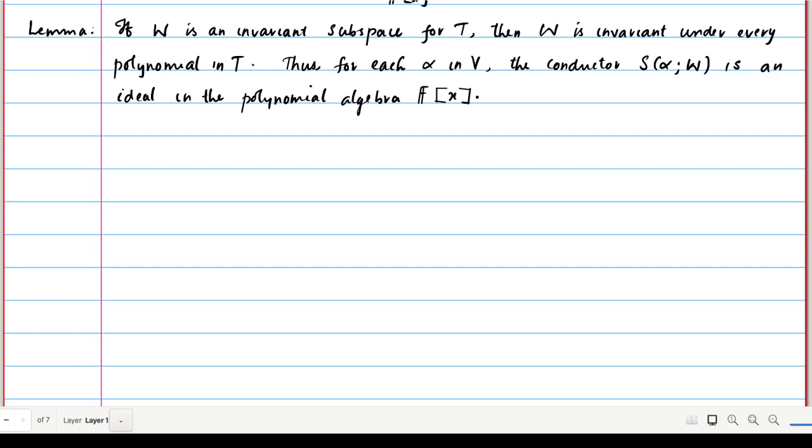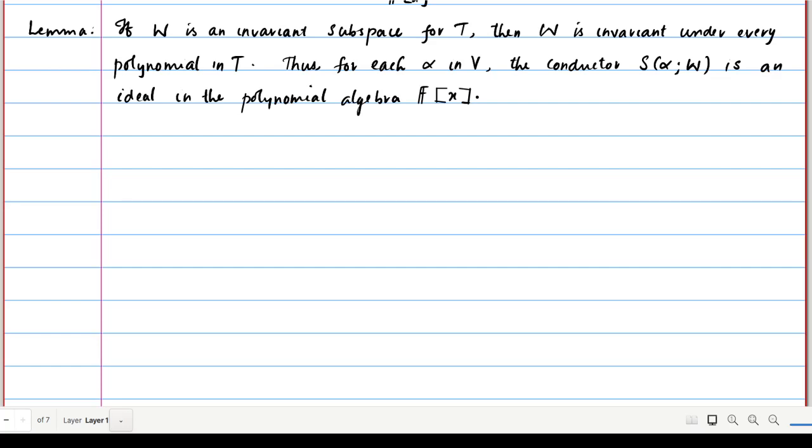Using that fact, we will prove that for each alpha in V, the conductor S(T; alpha, W) is an ideal of the polynomial algebra F[x]. Once we have that S(T; alpha, W) is an ideal, we can say that any ideal of F[x] is a principal ideal, and you will have a monic generator. So first of all, we will prove that if W is an invariant subspace of T, then it is invariant under any polynomial in T.